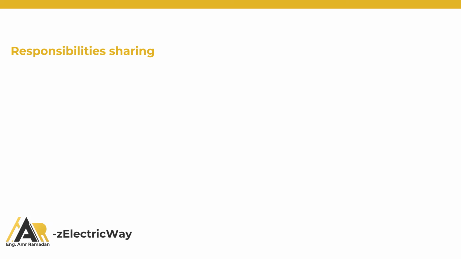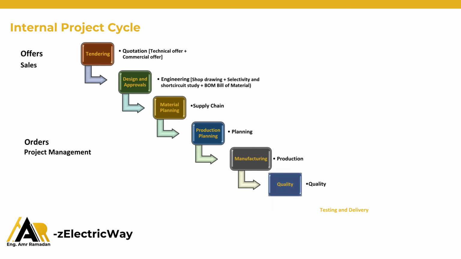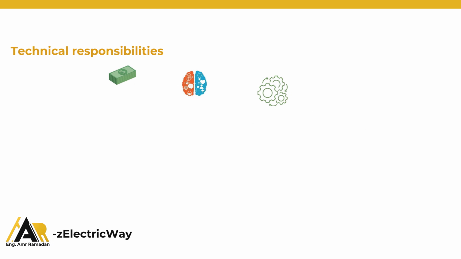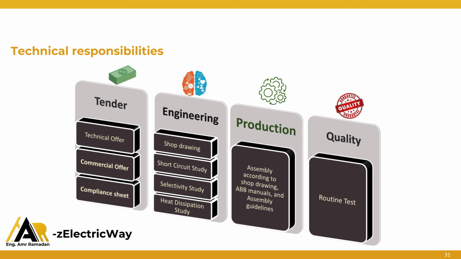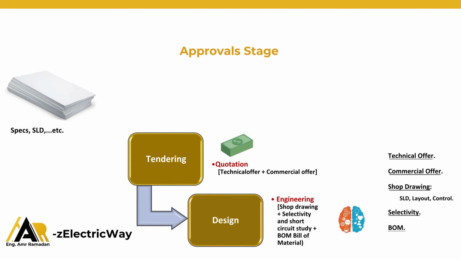And we will talk about the project life cycle in the factory, starting from the owner or consultant up to the suppliers: tendering, design and approval, material planning, production planning, manufacturing, quality, testing, packing, and delivery.